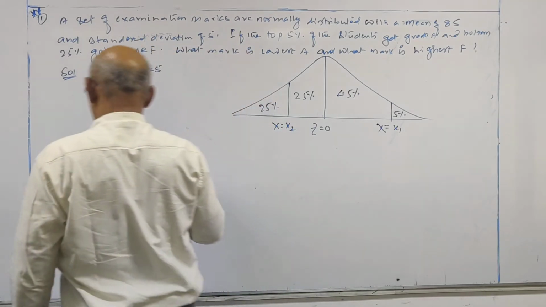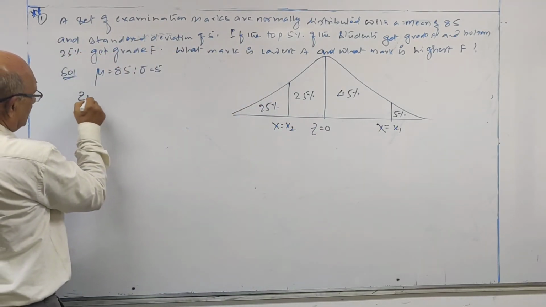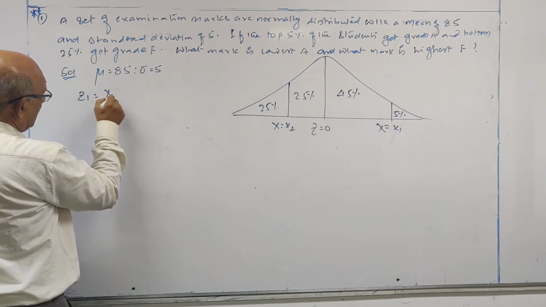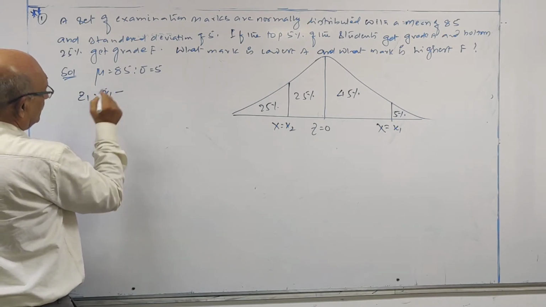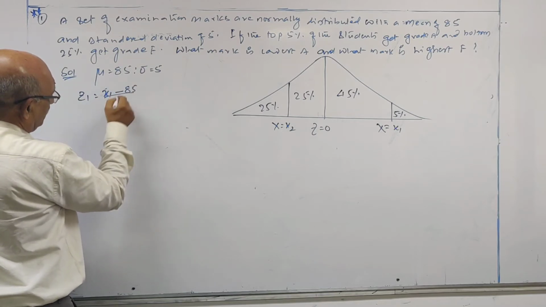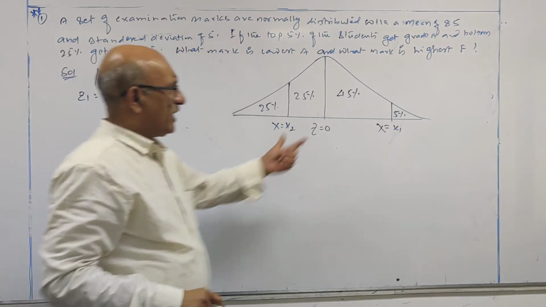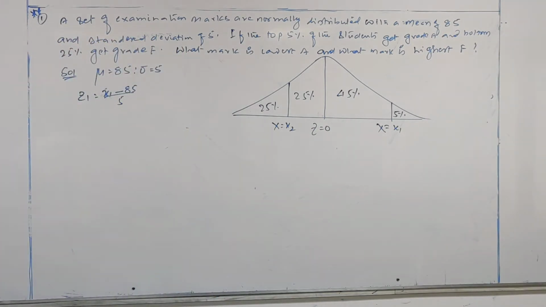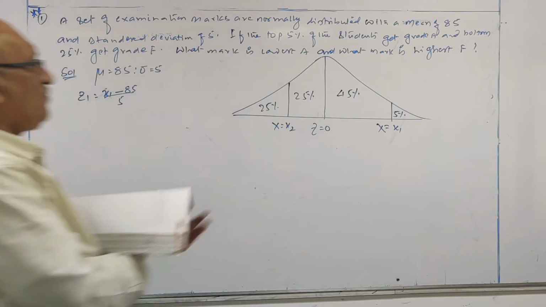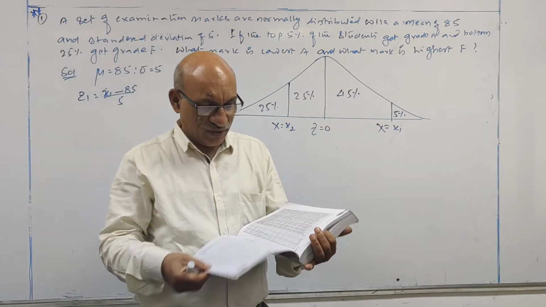So let us see here. Z1 is equal to x1 minus 85 by 5. Now I want this area. For what value of z is the probability 0.45? Look at the normal curve, sir.